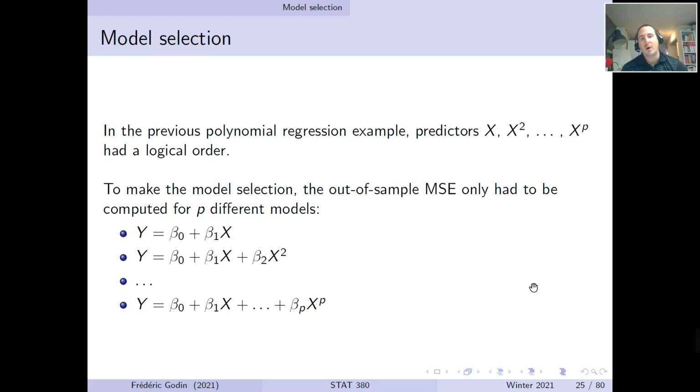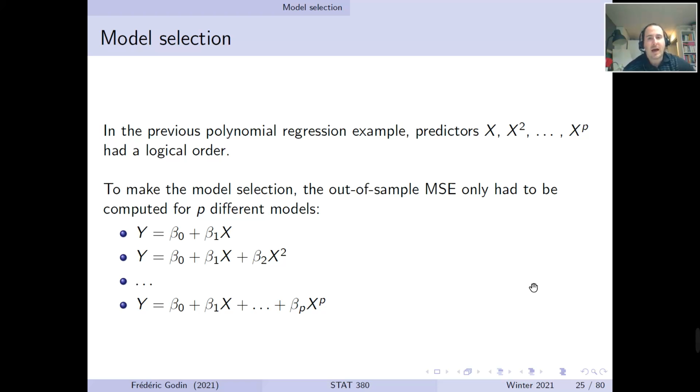So if we go back to the previous polynomial regression example, then the various models which we could consider have a logical order. The first model only includes x, linear regression. The second model includes x and x squared, quadratic regression. The third model includes x, x squared, x cubed, cubic regression, etc., until some maximum degree or order p.